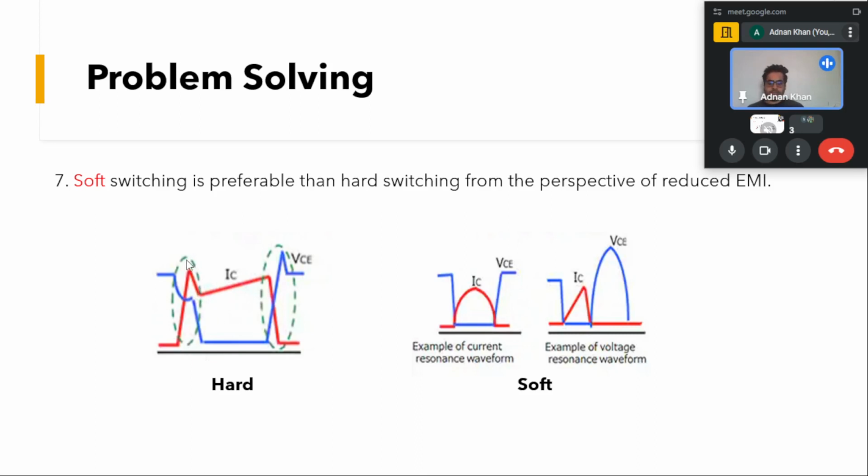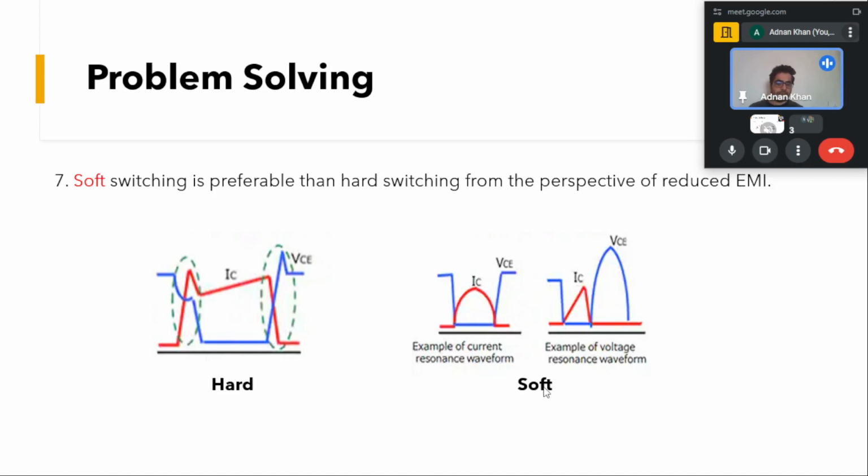The turn on takes place at higher voltage levels and higher current levels, in a very small amount of time, and as such the dV by dt and di by dt will be very high, which can result in higher EMI.